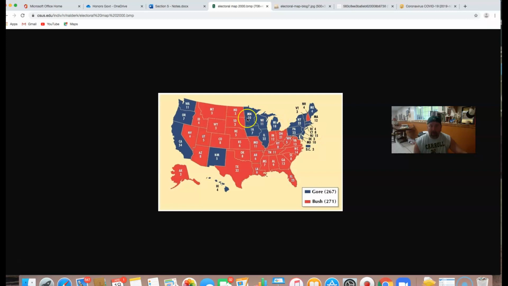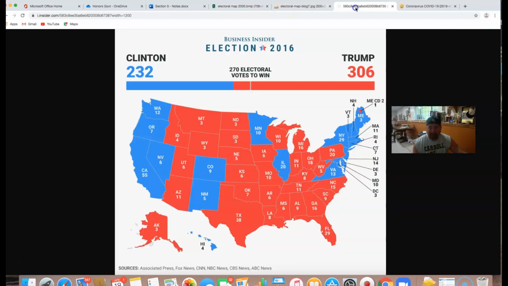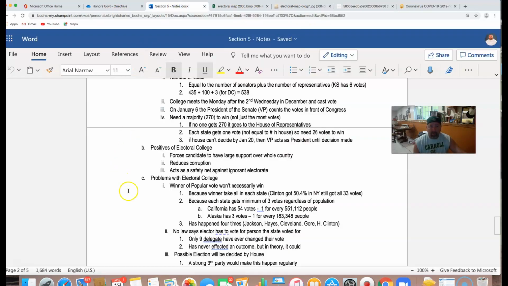So that's where Trump broke in and was able to win the election. And if you look at the Electoral College, it was a pretty big margin, but not massive. So that's one of the reasons why people support the Electoral College, because it forces that.